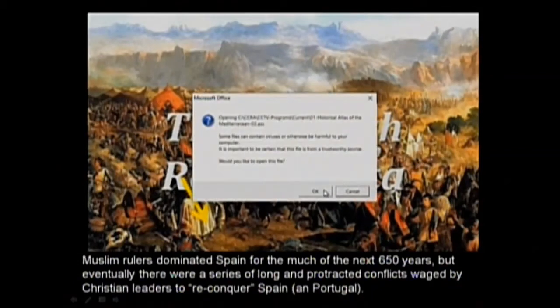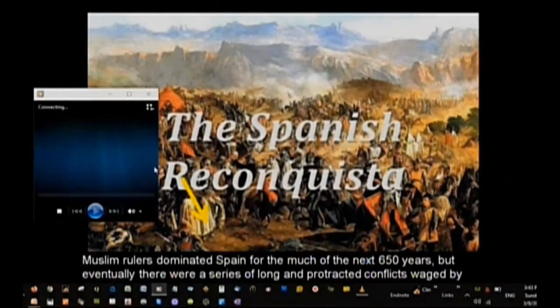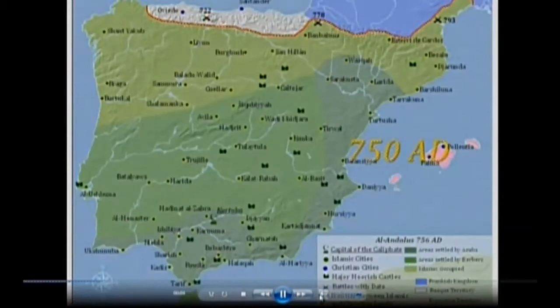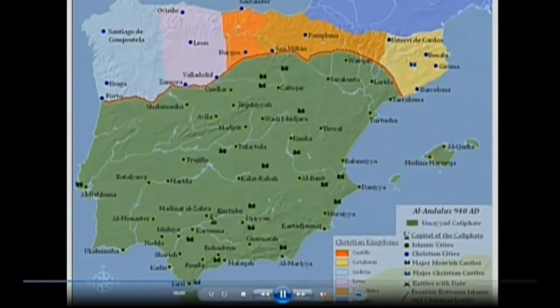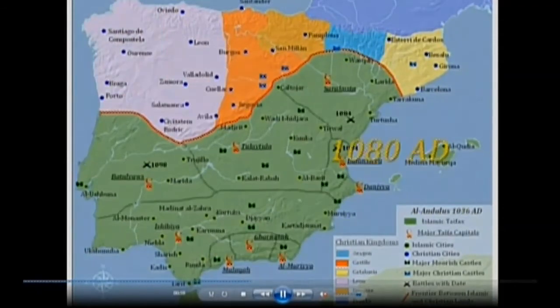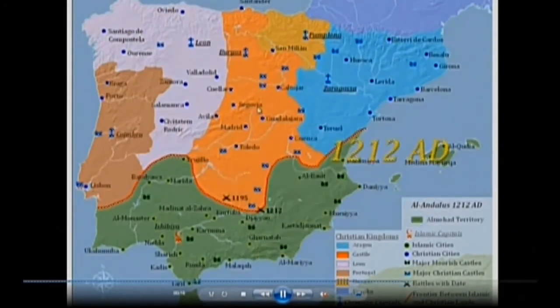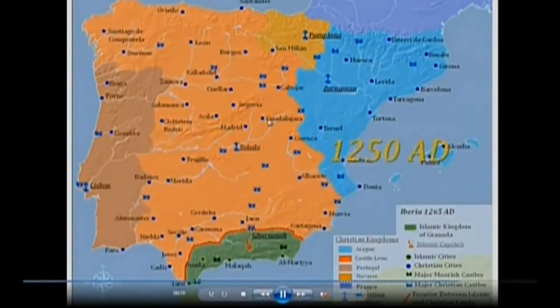Take a look at this. We'll cut the sound in this because it doesn't do much, but look at the different dates and the periods in which there is a Reconquista, a reconquering of the Iberian Peninsula by 1212.